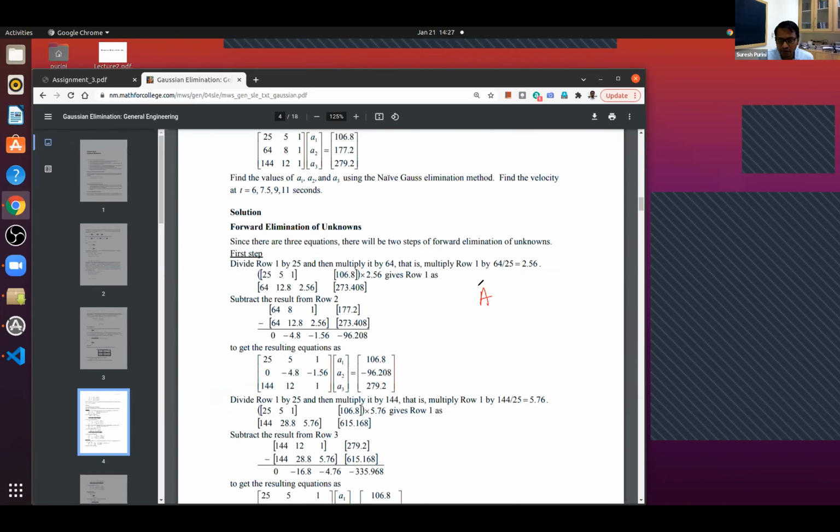So what we do in practice is, we have AX is equal to B. Maybe let me share the whiteboard.